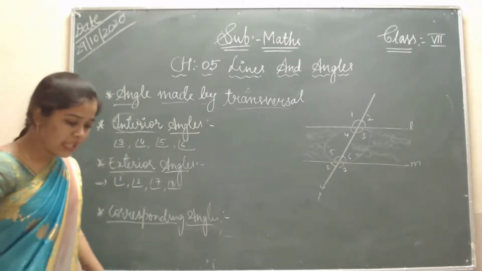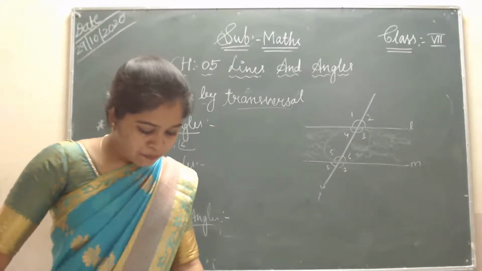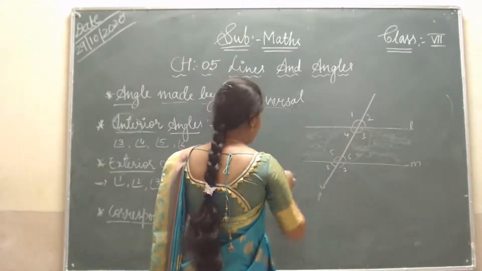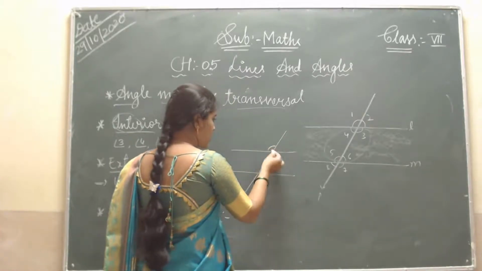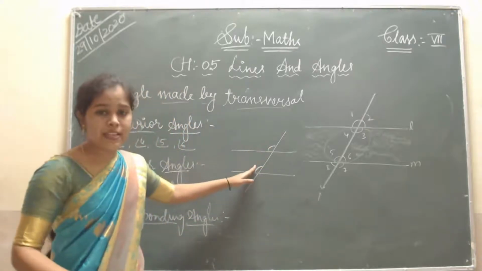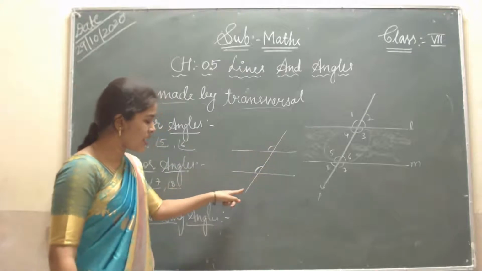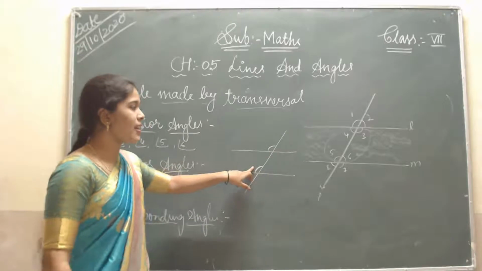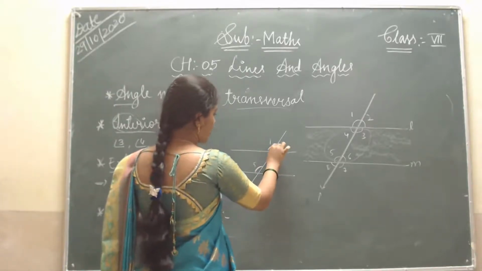Next, coming to this third part, that is corresponding angles. Corresponding angles means, see, 1, 5. I will draw once again here. This line is the transversal line. Same angle, same side of the transversal line. That is 1 and 5.